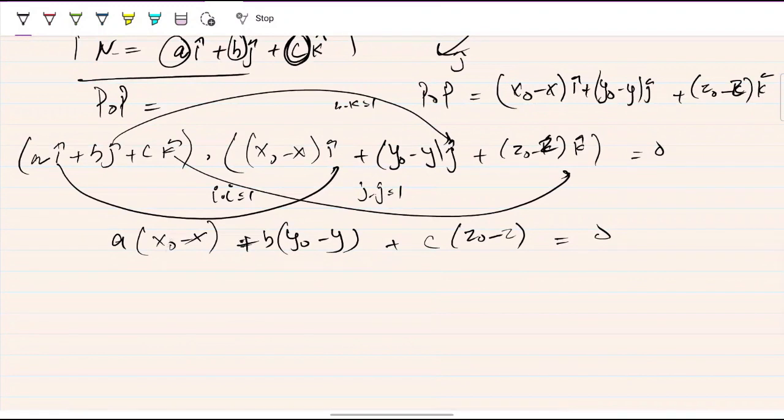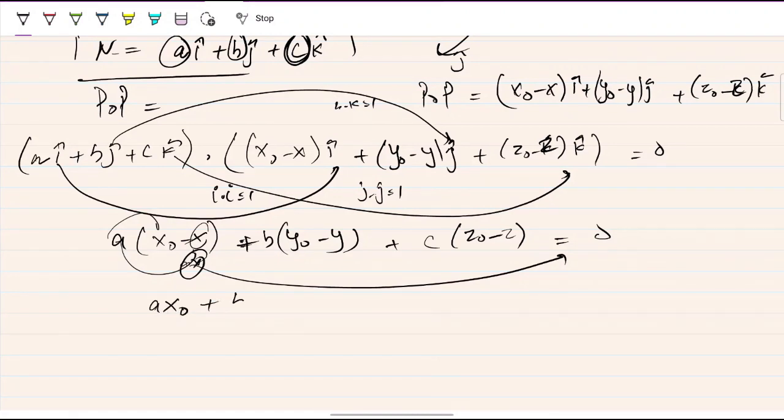Now you can just transfer one side x's, one side ax0 here, and just transfer this ax that side. So you will get an equation a x naught plus b y naught plus c z naught is equal to ax plus by plus cz.